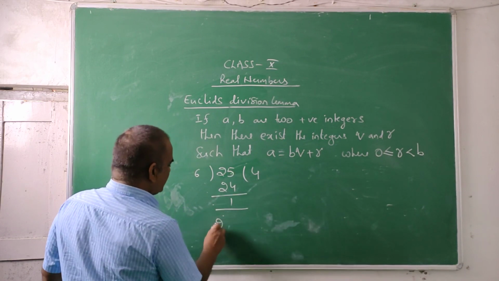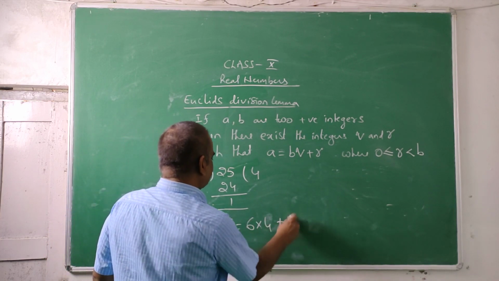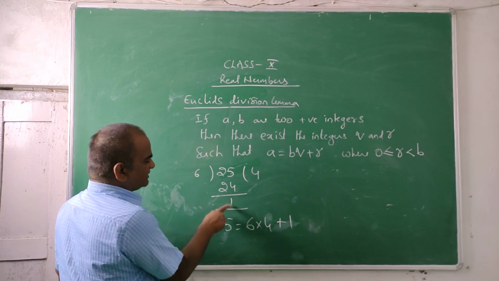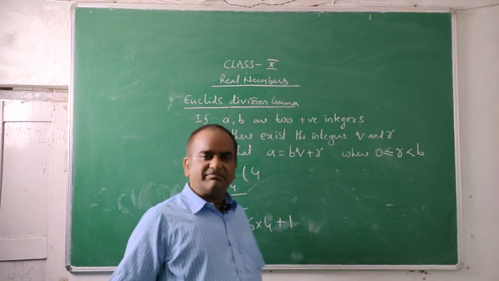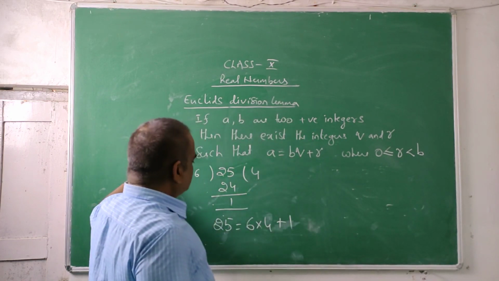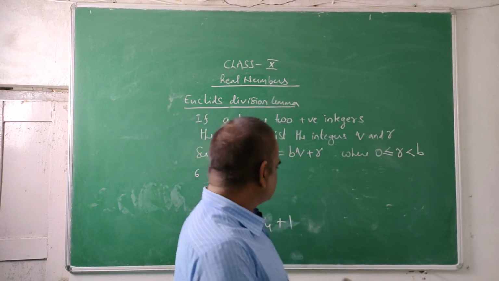So 25 is equal to 6 into 4 plus 1. This remainder is lesser than the divisor, or at least the remainder is 0.